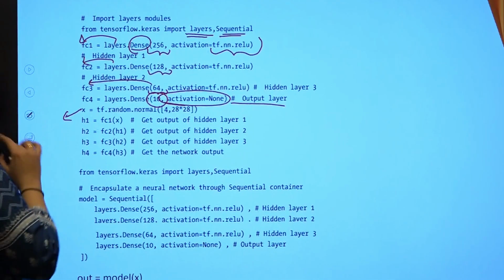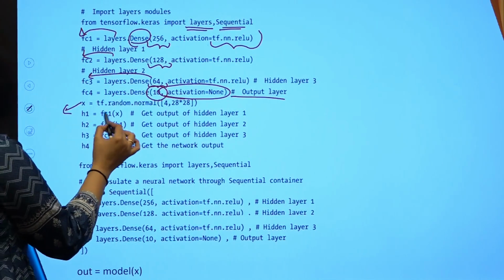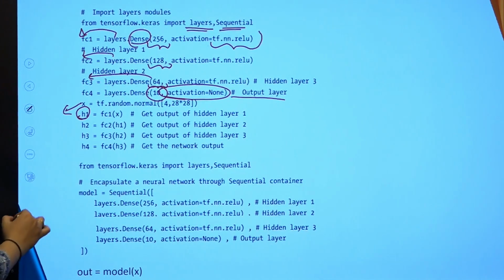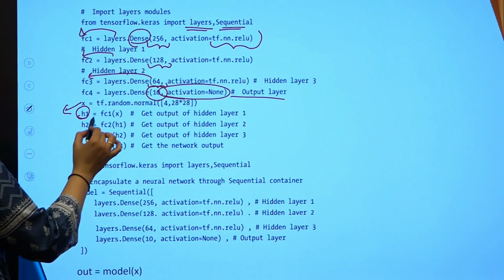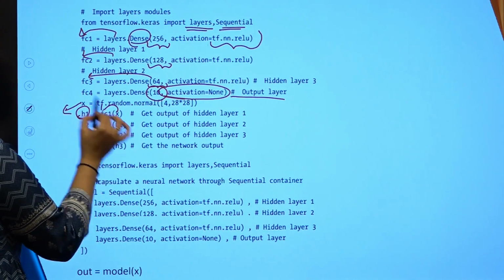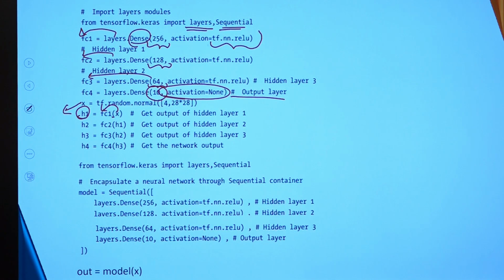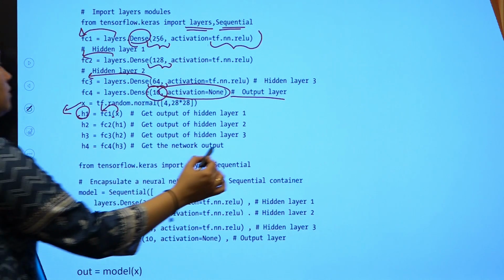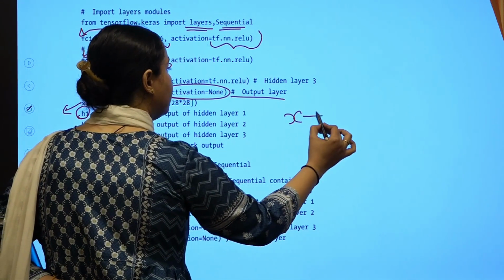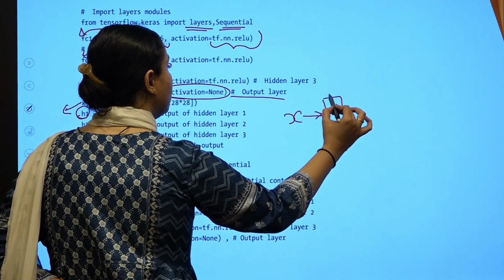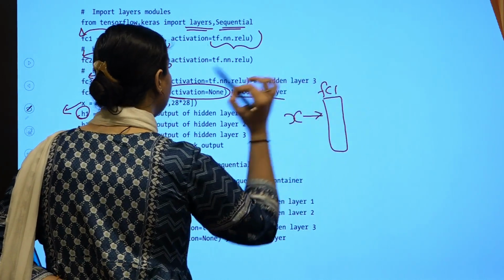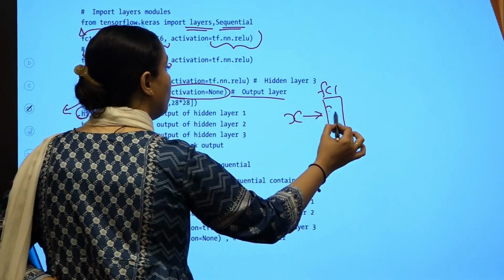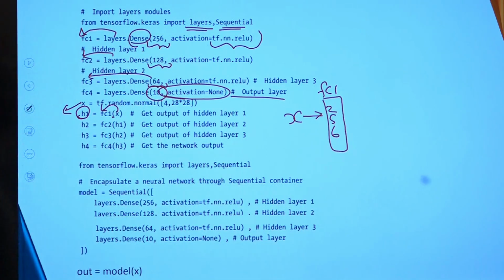Now, first I am getting the output of hidden layer 1, which I am calling H1. I am simply giving input to my first layer. So X is given to the first layer FC1. Your FC1 has 256 nodes, right.